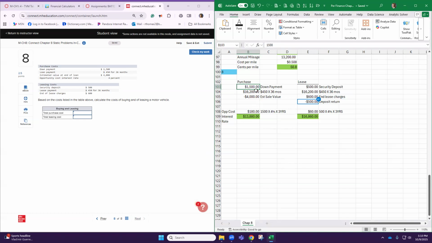So we've got the $1,500, we've got the 450 times 36, which makes that total loan payment $16,200. If we can sell it in 3 years for $4,000, that subtracts from our cost. And then finally, the opportunity cost is the $1,500 down payment times 4% times 3 years.